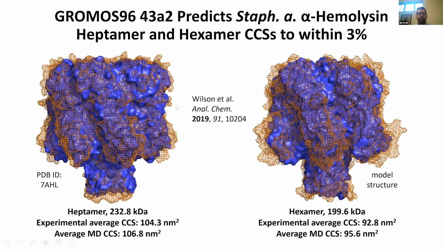That was good enough for us to apply it to the study of Staphylococcus aureus alpha-hemolysin heptamer and hexamer pores, a bacterial pore-forming toxin that we study in my lab, where we were delighted to find that the experimental results were very much consonant with modeled structures that we made using this protocol for the pore forms of the toxins that we generated via electrospray ionization from detergent micelles.